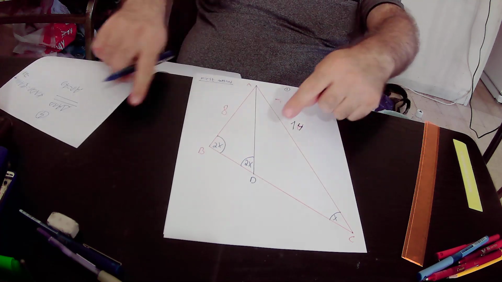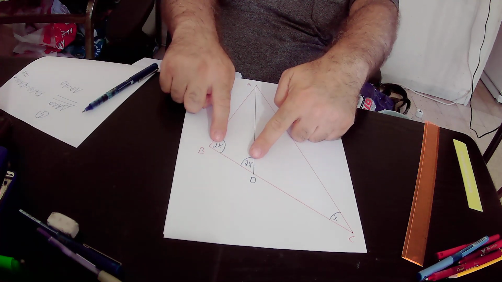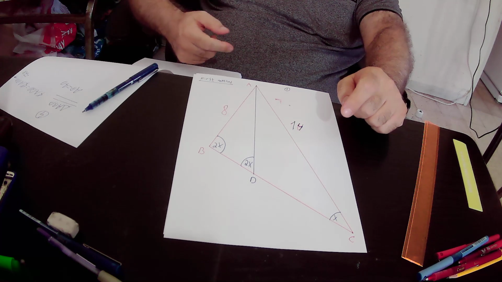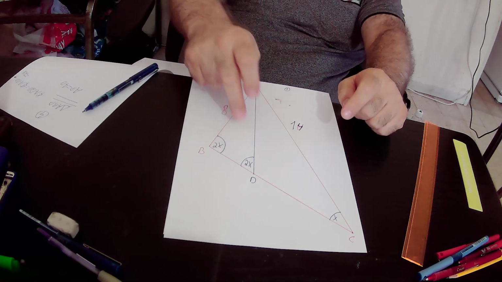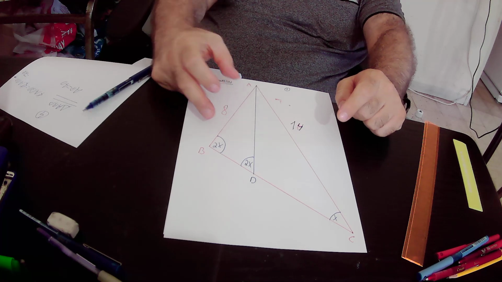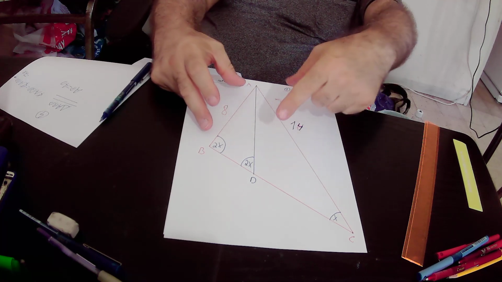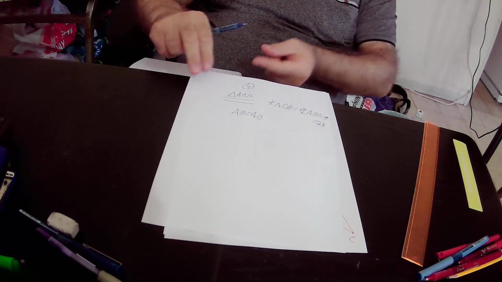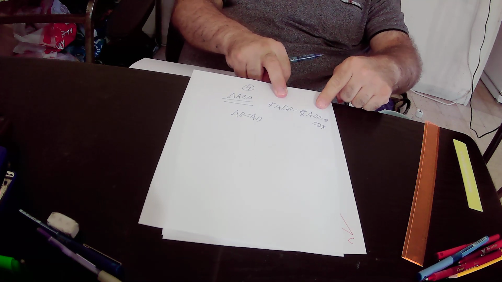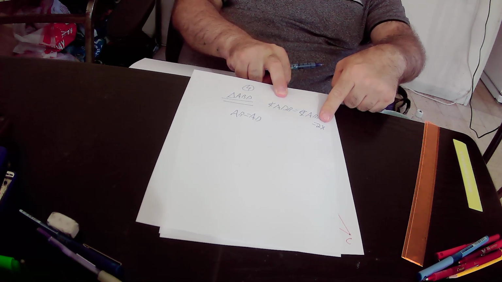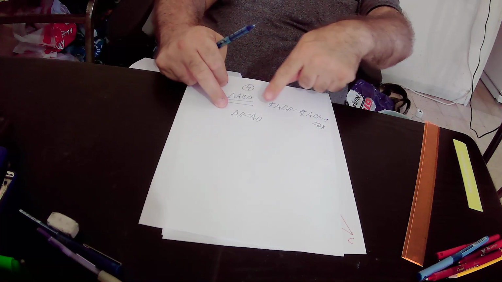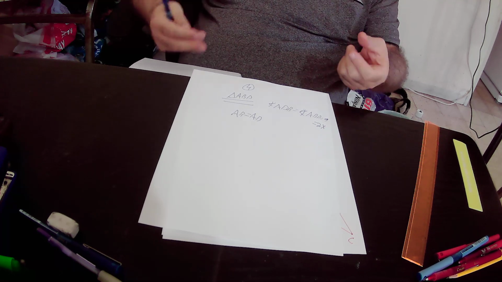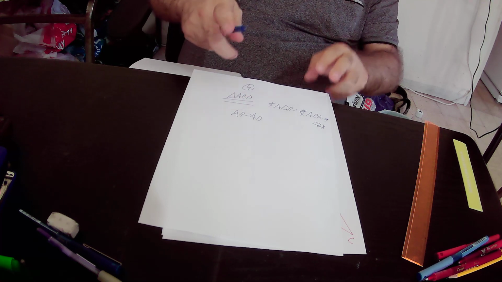Okay, in this triangle ABD, both of them are equal to 2x. So according to rule number 1, the sides in front of those two angles are also equal to each other. That is to say, AB equals AD, because in front of equal angles we have equal sides.